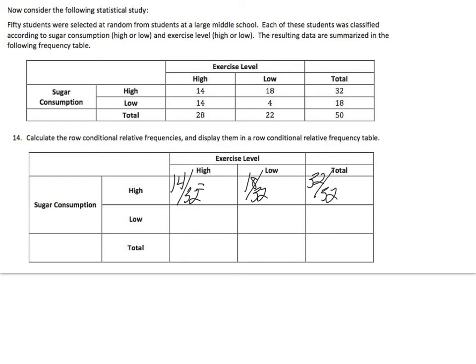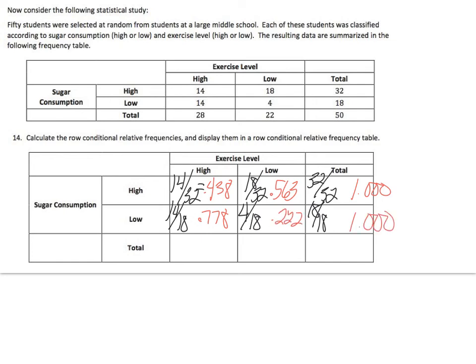This gives us 0.438, 0.563, and a 1.000. The next one, I have 14 out of 18, 4 out of 18, and of course 18 out of 18. That gives me a pretty high number here, sort of low number there, and a 1.000.